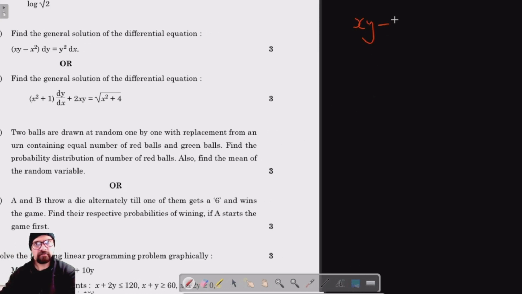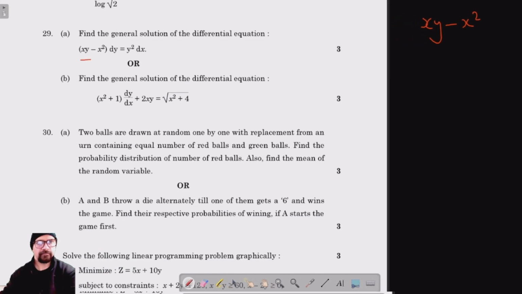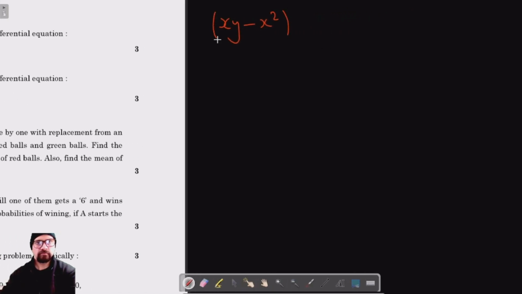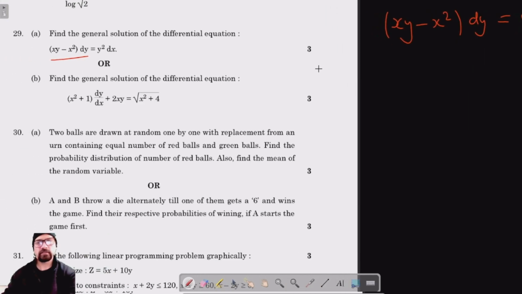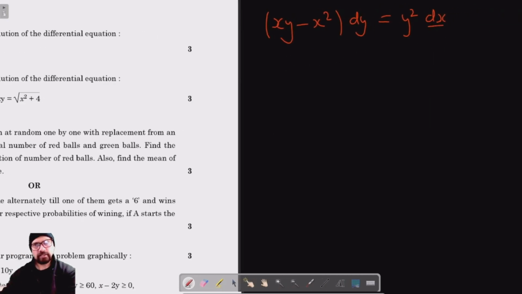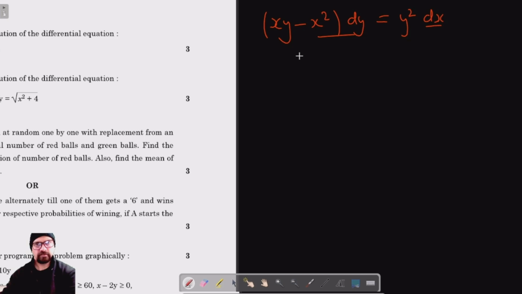It's xy minus x squared into y dash is equal to y square into dx. Okay, by dividing it by dx on both the sides, or let me just bring this to the left hand side and take this to the right hand side.